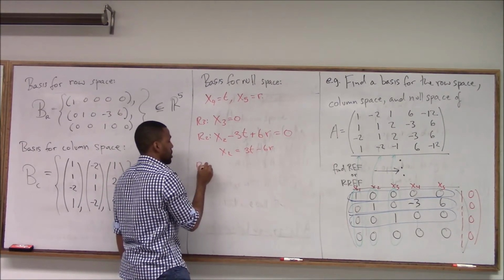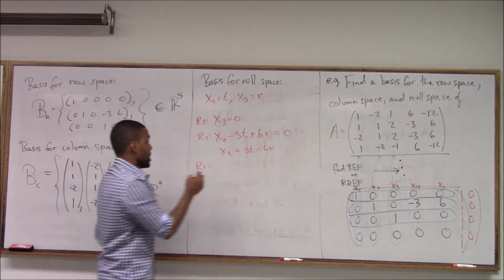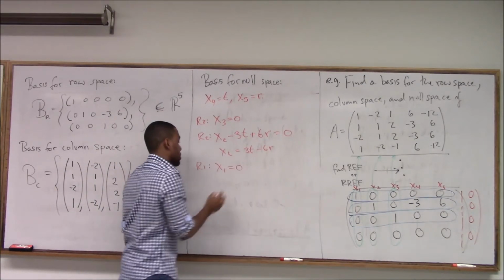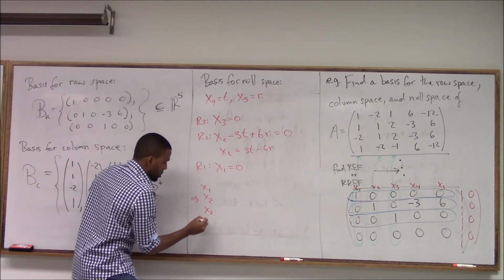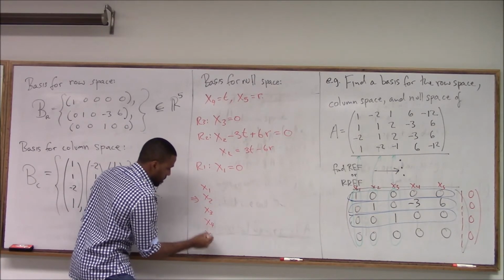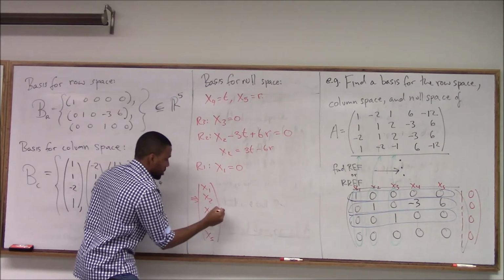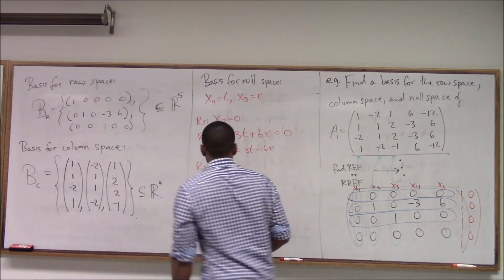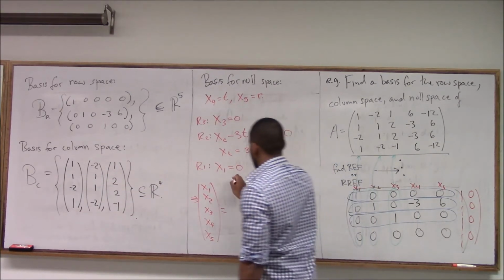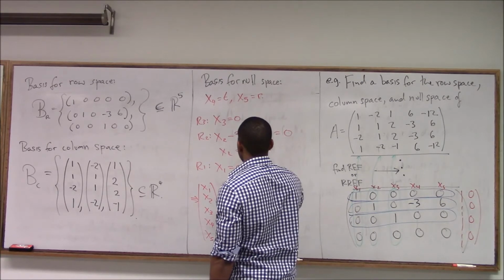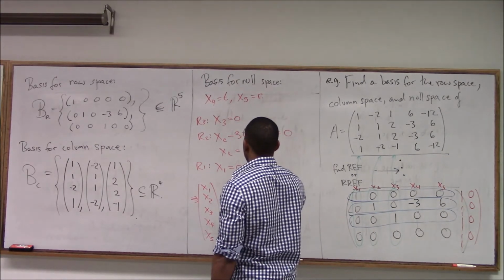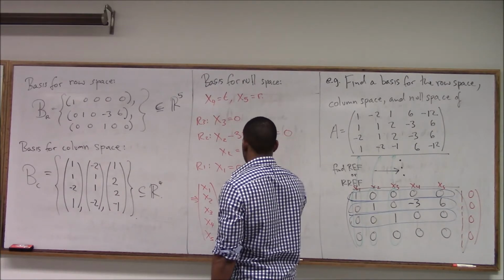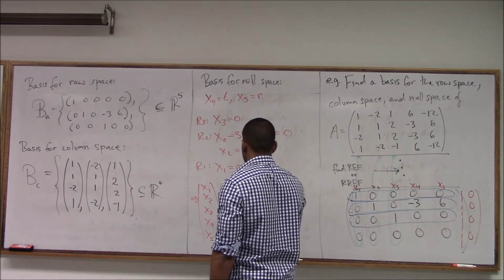In row 1, you get your x1 equals 0. And so what that means is your x1, x2, x3, x4, x5 would be equal to: x1 is 0, x2 is 3t minus 6r, x3 is 0, x4 is t, x5 is r.